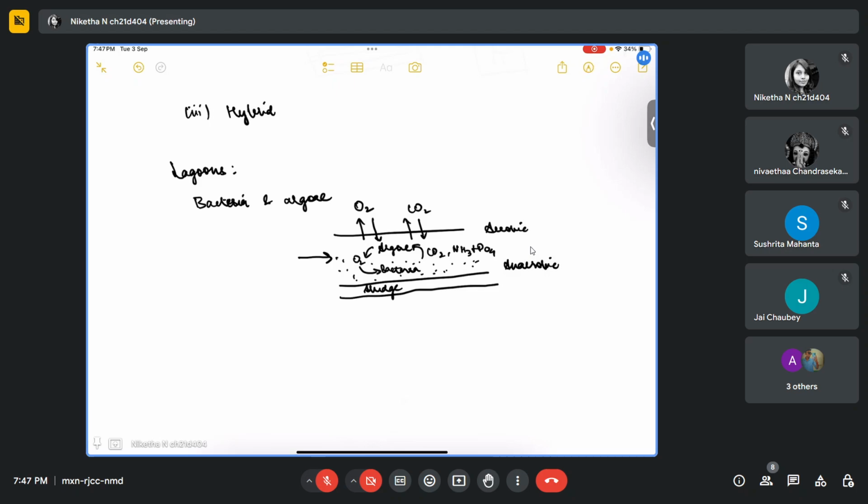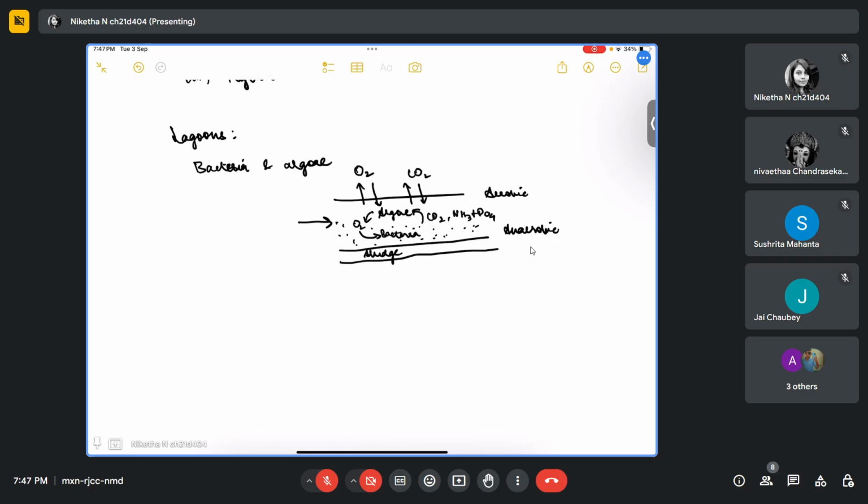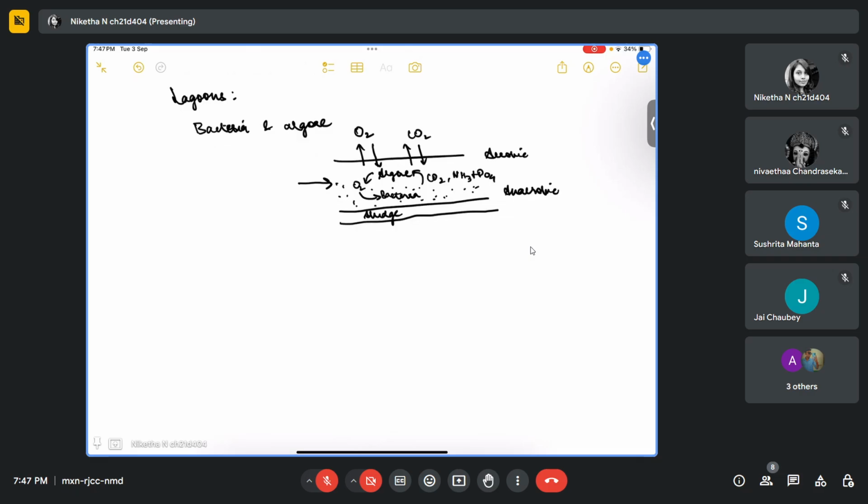If it is highly shallow, then only aerobic conditions will be there. If it is very deep, then as we go to the bottom, the oxygen levels will drop, so anaerobic conditions will develop at the bottom. And in the sludge layer, completely anaerobic conditions will be there. Whatever organics are coming and settling here will undergo anaerobic digestion.